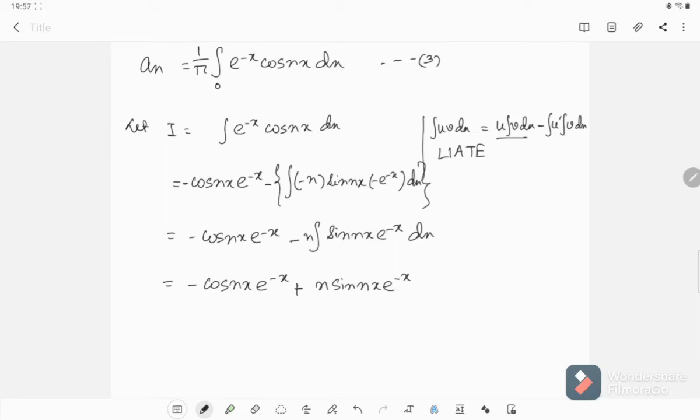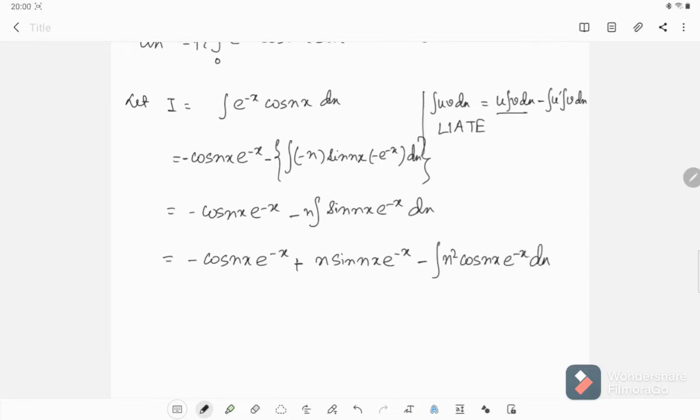And the second part, let's put one negative sign here first, and then the first derivative of sine nx, and n is there, so I am writing cos of nx times n square, and e to the power minus x. Yes, this integration is okay.